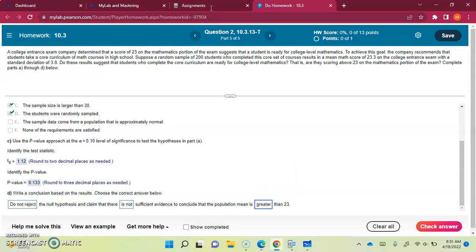The first portion is your decision, based upon the null hypothesis. The second portion is always based upon the claim. If you are not rejecting the null hypothesis, that means you're rejecting the alternate hypothesis, so your claim will not have sufficient evidence. What was the alternate hypothesis? That the score is more than 23. So that doesn't have enough evidence.